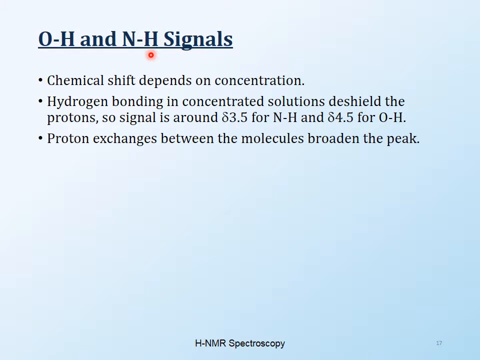So you add a little bit of D2O, which is deuterium water, heavy water, to your sample, and it will exchange these hydrogens with deuterium, which means that in your original sample you will have a signal, but after deuterium addition you will not have that signal. So that is one way you can figure out whether you have alcohol protons or amine protons or not, because sometimes the peaks are not very clear.